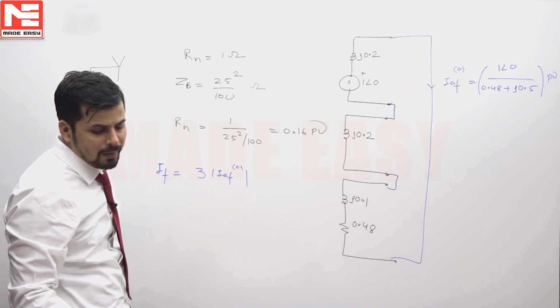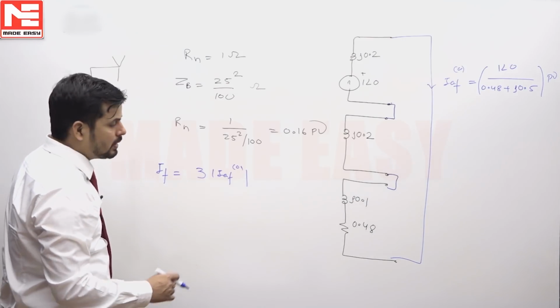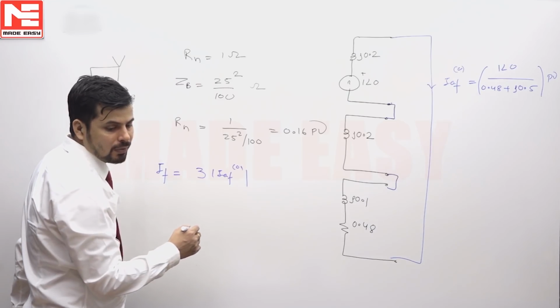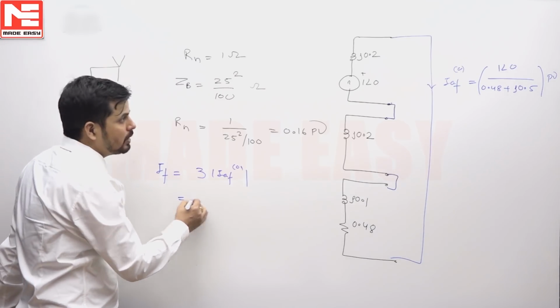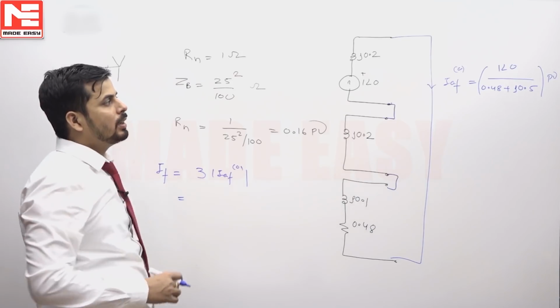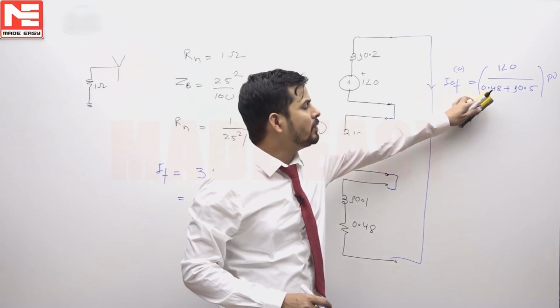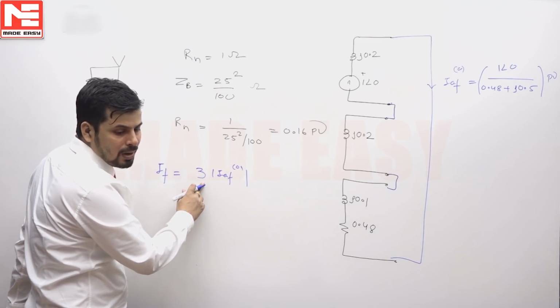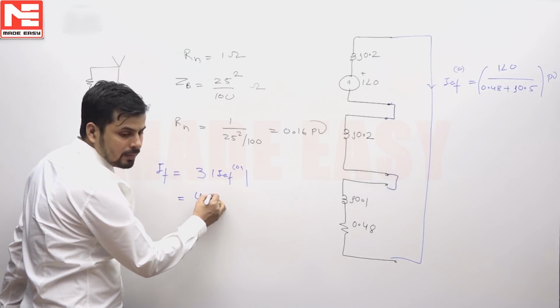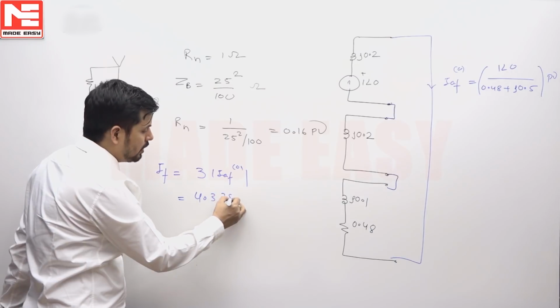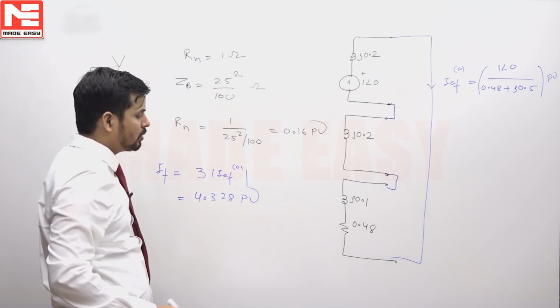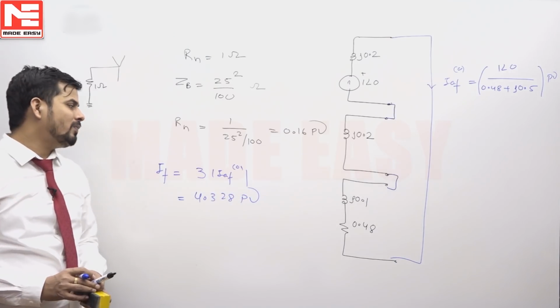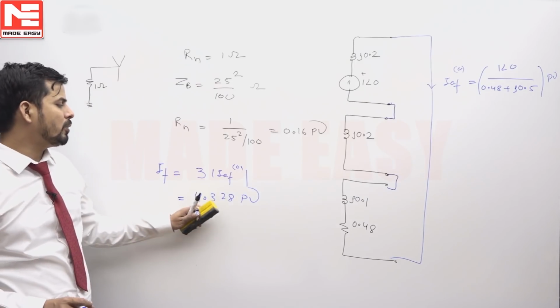What is the per unit value calculated? You can find the magnitude of this IAF0 and multiply it by 3. The per unit value will be 4.328 per unit. So the per unit value of line to ground fault current will be 4.328 per unit.